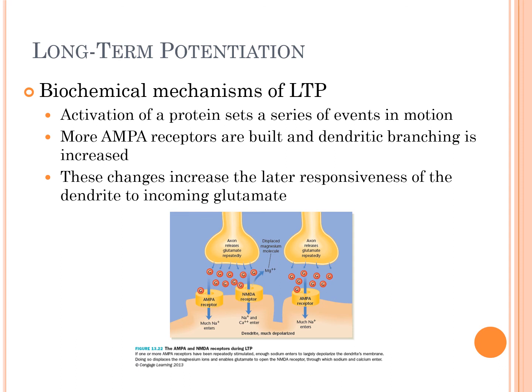And so as we just saw, about three or four slides ago, these changes can now increase the later responsiveness of the dendrite to incoming glutamate. Okay, so I've now strengthened that synapse by both adding AMPA receptors and more dendrites by allowing in the calcium through the NMDA receptor. And those are really the mechanisms of long-term potentiation.